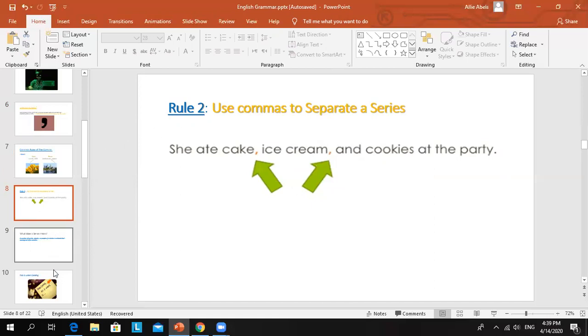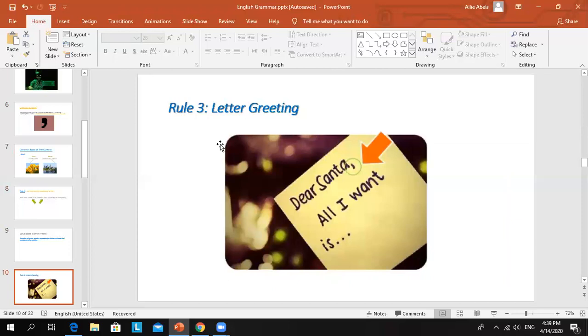Then the third rule of the comma and how we use it is basically when we greet in a letter. So if we start our letter, we need to put a comma after the person we're addressing in the letter. If we're talking to Santa Claus, for example, like this picture is showing us, we say, "Dear Santa, comma," then we start with our letter.